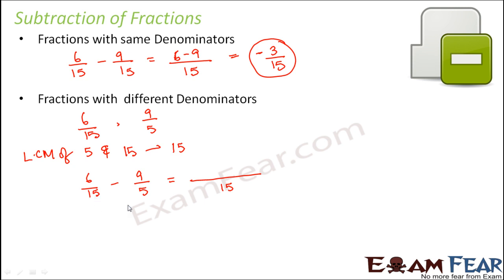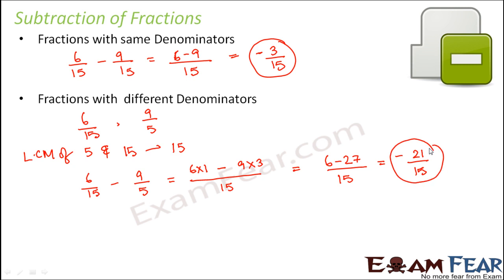Now 15 into 1 is 15. Therefore 6 into 1 minus 5 into 3 is 15, so 9 into 3. So this would be 6 minus 27 divided by 15. So this would be equal to minus 21 divided by 15. So this is the result of subtraction.